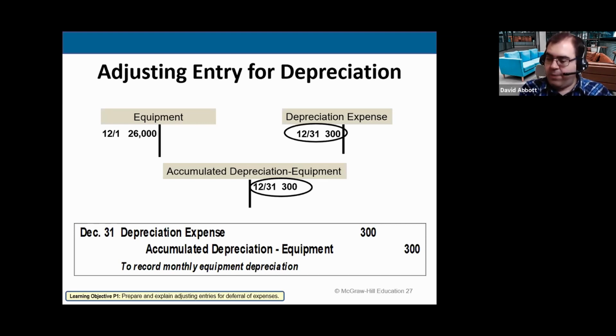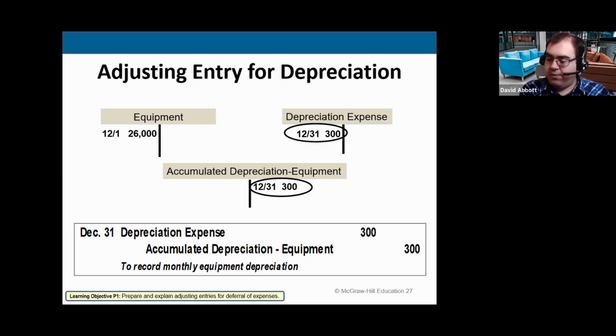This is the first time that we've seen a contra account, but it will not be the last. A contra account is an account linked with another account. It has an opposite normal balance, and it is recorded as a subtraction from the other account's balance. In our case, accumulated depreciation will reduce the asset account equipment.